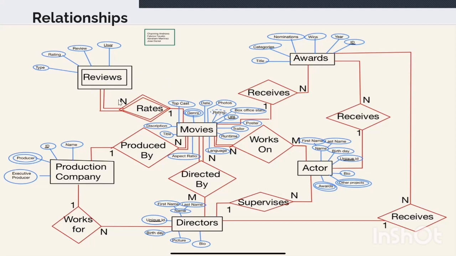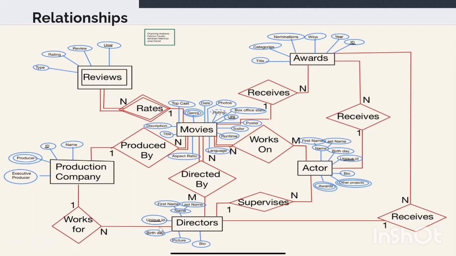So we say movies might or might not be rated by n number of user reviews, but we say that if movies exist, reviews must rate one movie.